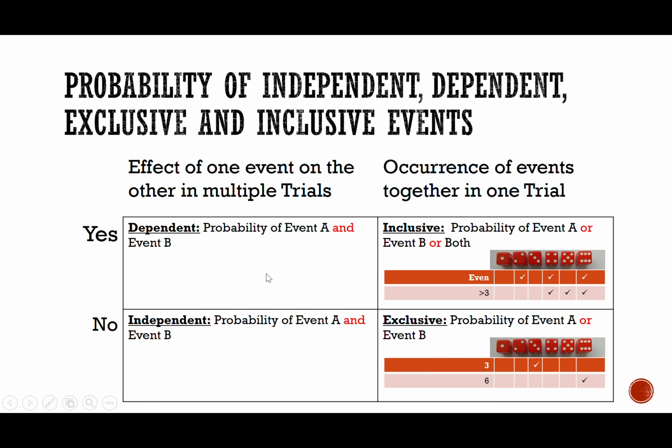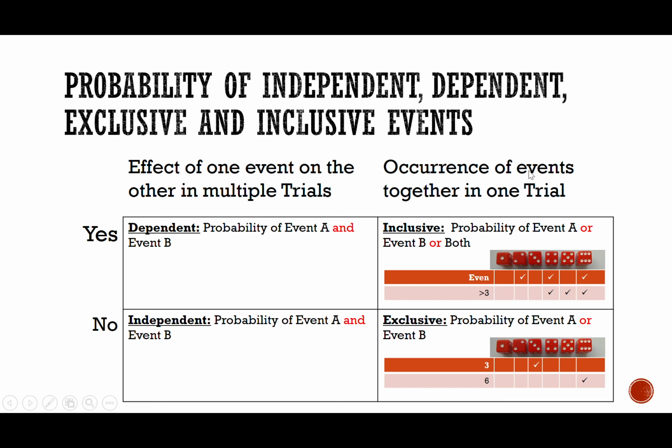Now, when we are talking about dependent and independent events, usually you get a question to find the probability of event A and event B. So you see in this one, and is common.